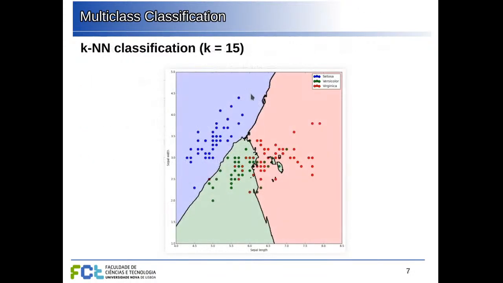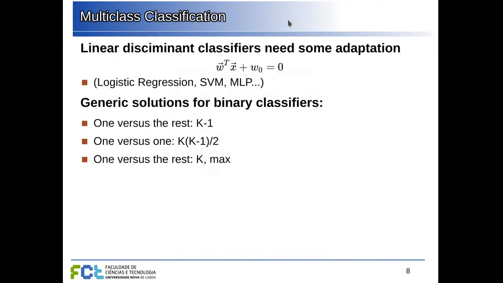So if we draw a single line here to separate 2 parts of this plane, we cannot do three-way classification with that. So let's think about different ways of approaching this problem. One possibility would be to train classifiers to distinguish one class from the rest, everything else. This would be the one versus the rest possibility. Another possibility would be to consider all pairs of classes and train classifiers to distinguish between each one in that pair.